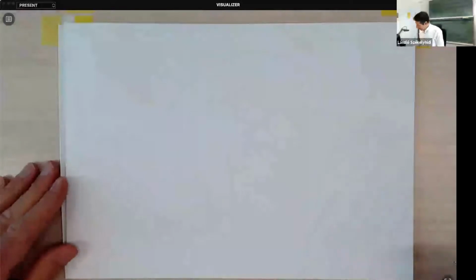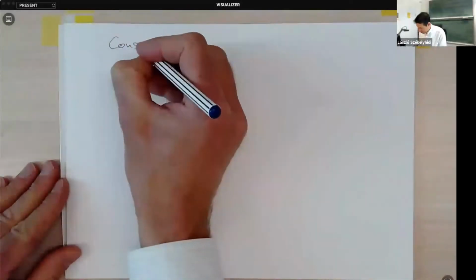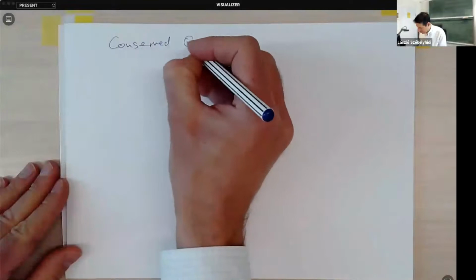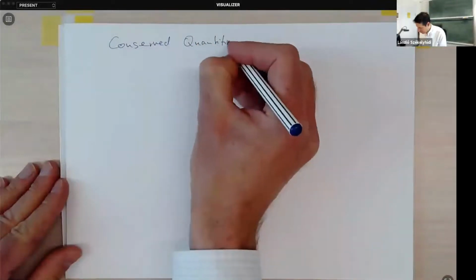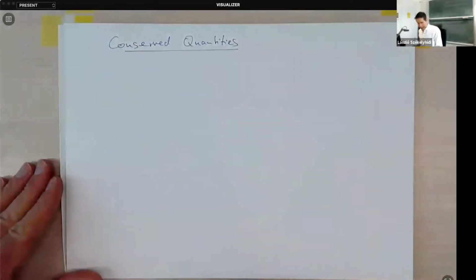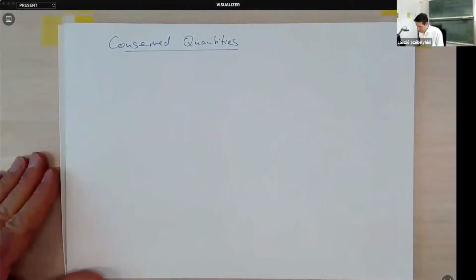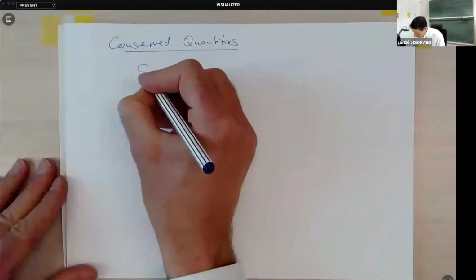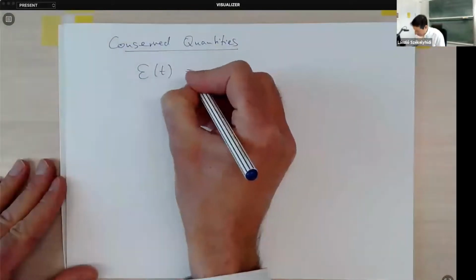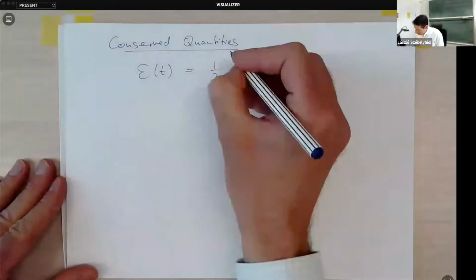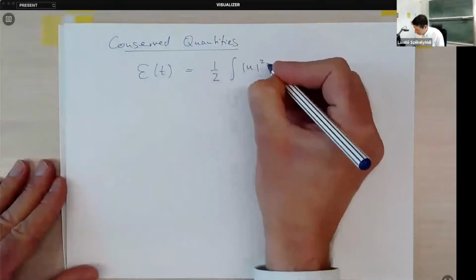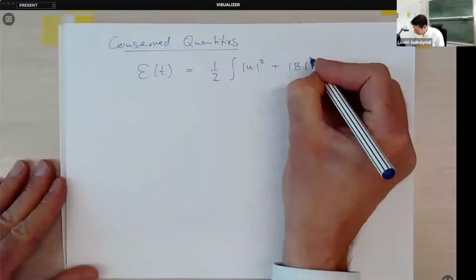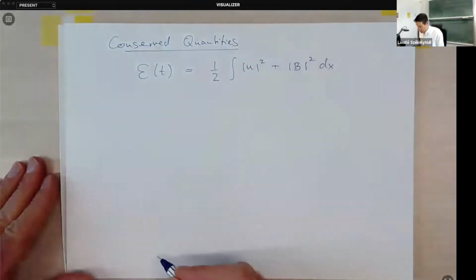Okay, so now concerning conserved quantities, there are 3 known quantities, and I believe there's even a proof that these are the only ones. One is the total energy, which is 1/2 integral of u squared plus b squared dx.